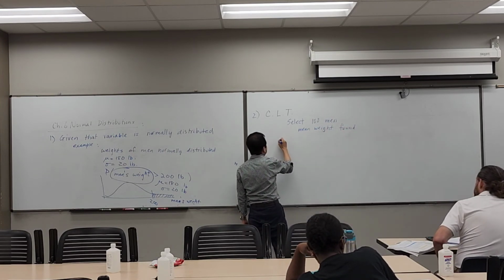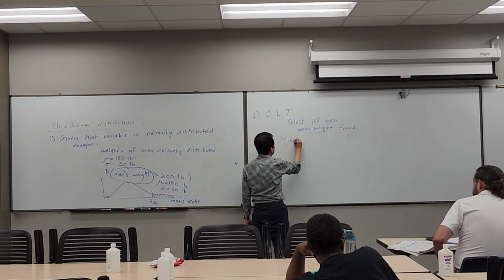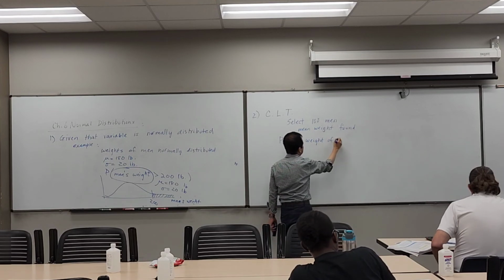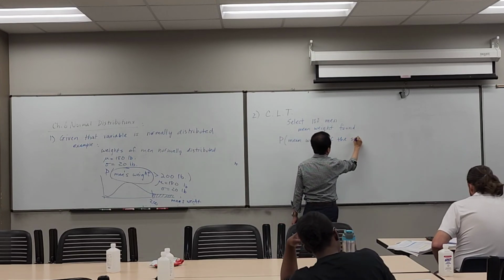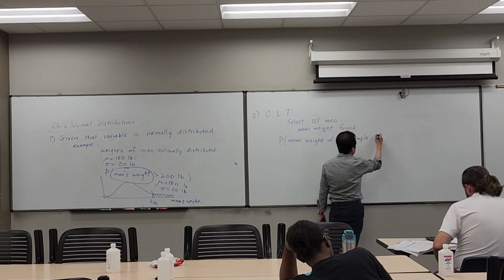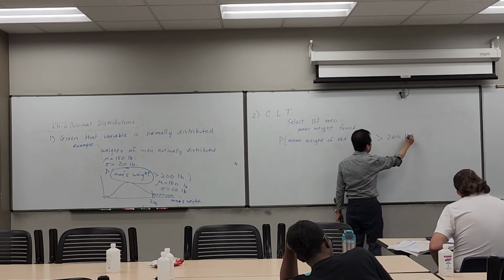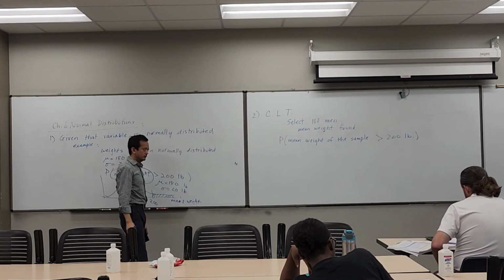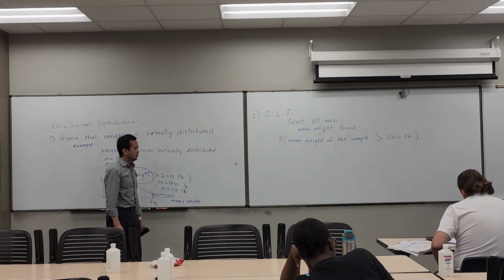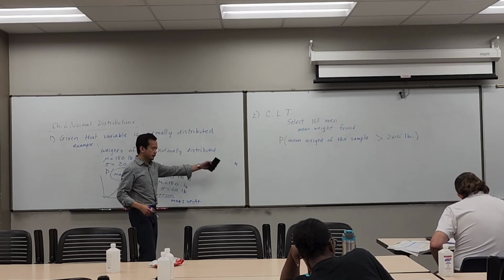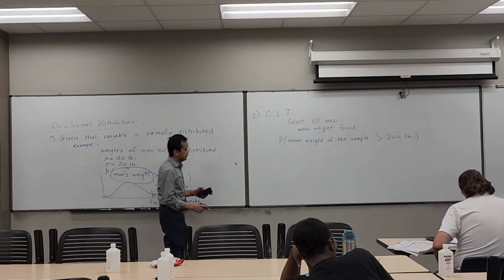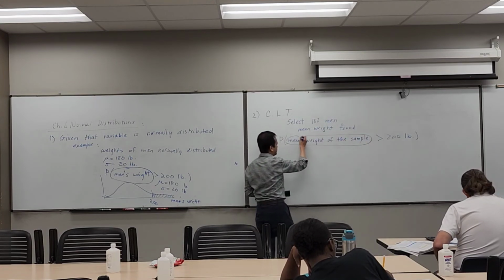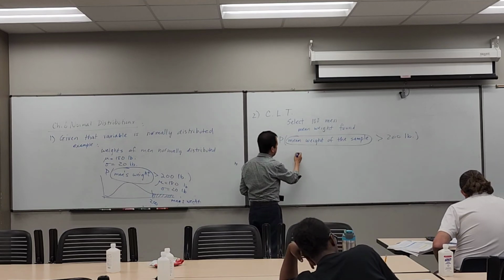So the question is, what's the probability that that mean weight of the sample is greater than 200 pounds? The general approach is the same as before, which is you're going to look at this variable you're trying to find the probability of, which represents a mean weight, or the mean value of a sample.